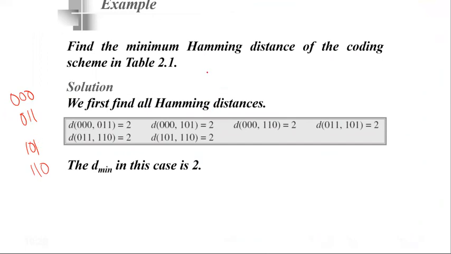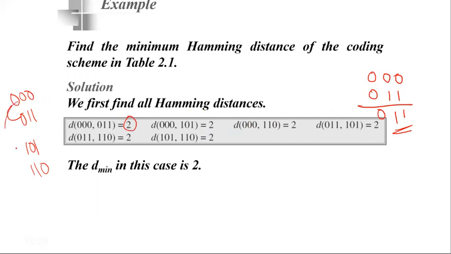First we take these two, 0, 0, 0 and 0, 1, 1, and XOR them. If both bits are different, we get a 1, and if both are the same, it is a 0. There are two ones, so the distance is 2.